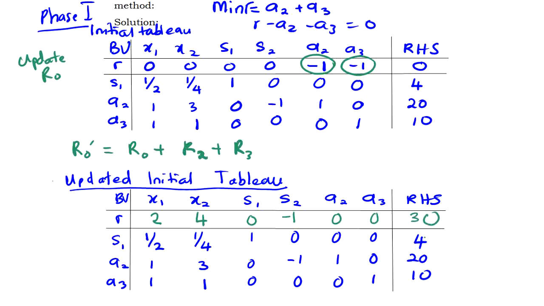Okay, now row 0 has been updated, so we can proceed with the Simplex Algorithm.